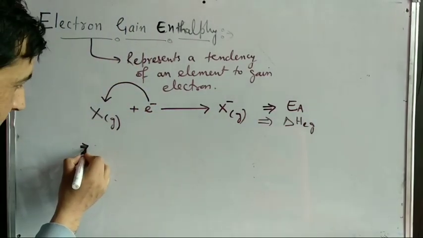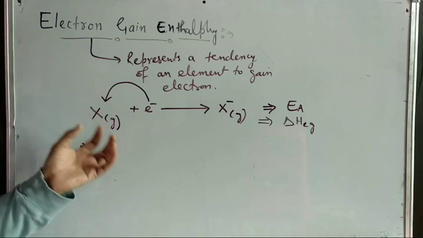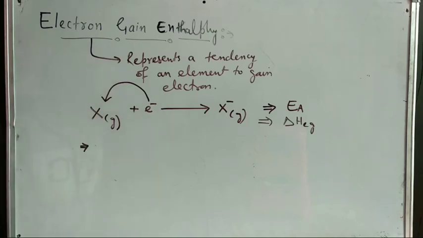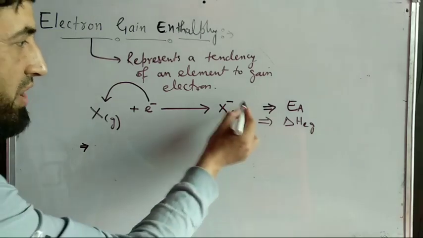So we can define the electron gain enthalpy as the energy change that takes place during the addition of an extra electron to the neutral gaseous atom, so as to form a monovalent anion.